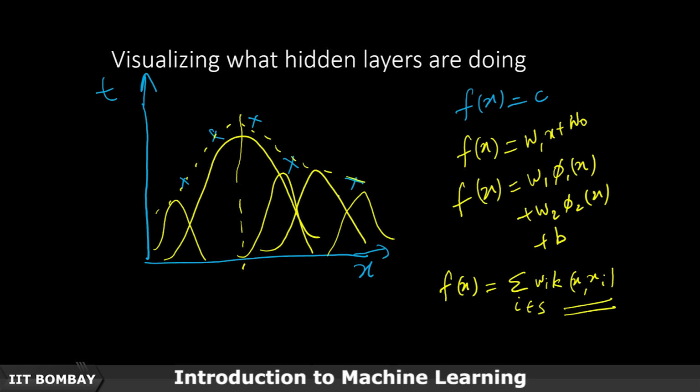Now how do I shift them left or right? By using the biases of the hidden layer. How do I bump them up or down? By using the weights of the second layer. And how do I change other things about it? By using different kinds of weights and biases in the two layers.